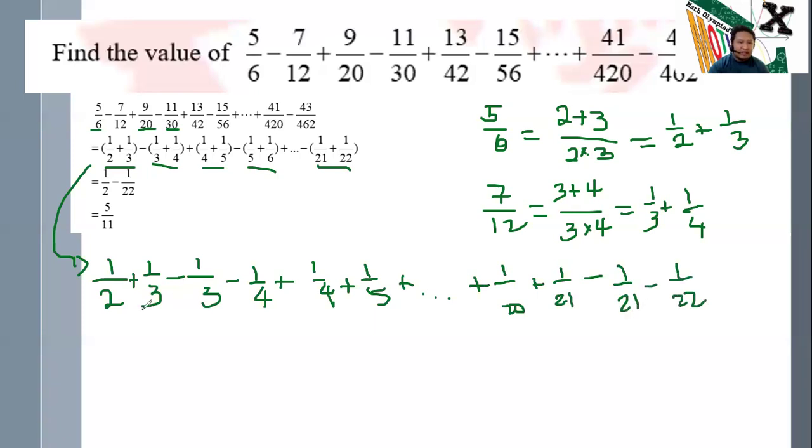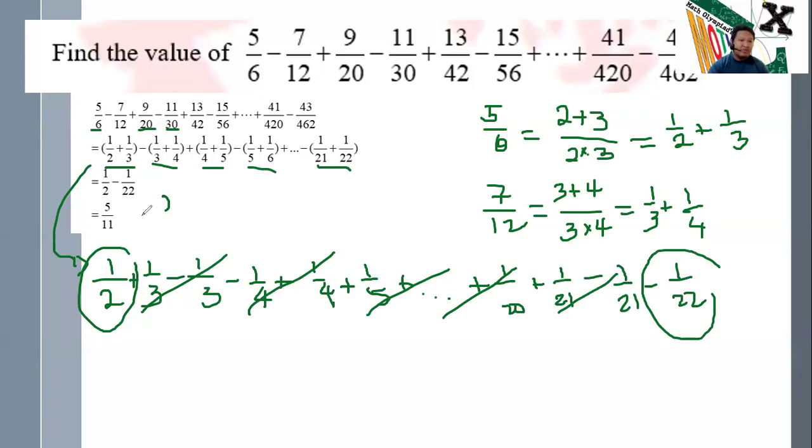So as you can see, the positive and negative 1/3 will cancel out, positive and negative 1/4, 1/5, 1/20, 1/21, and what will be left is just 1/2 minus 1/22, which is equivalent to, with the LCM, 5 over 11. That's like 10 over 22.